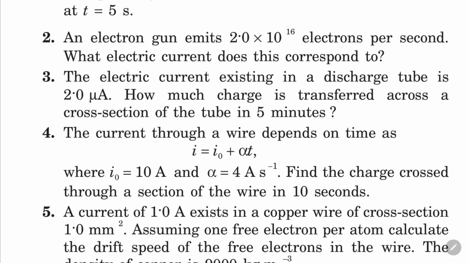In question 4, the current through a wire is given by this equation. We need to find the charge crossed through a section of wire in 10 seconds. So this is the fourth one.